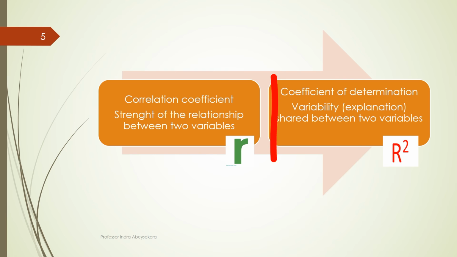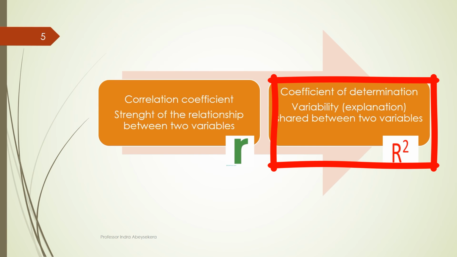Then we write it as capital R squared, and that's called the coefficient of determination. We can do this for two variables and extend the correlation coefficient, the strength of the relationship, to determine the shared explanation between the two variables.